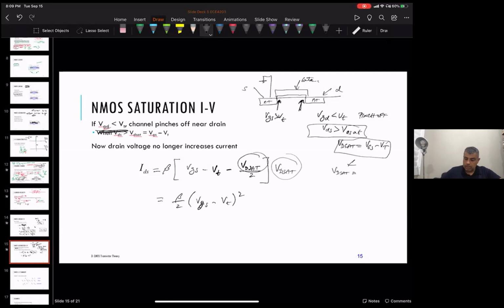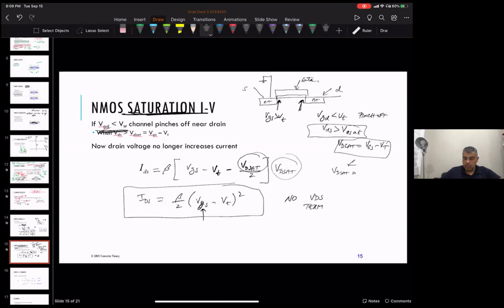The key thing to notice is that there's no VDS term here in saturation. You are only dependent on the gate source voltage, and it doesn't matter what happens to VDS.